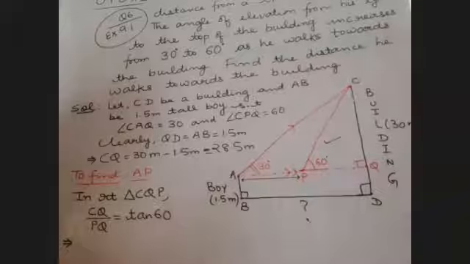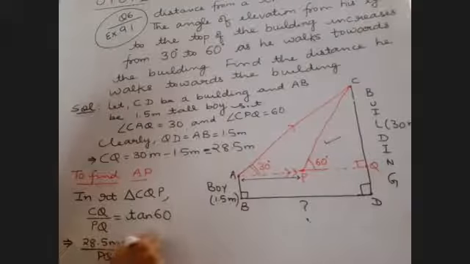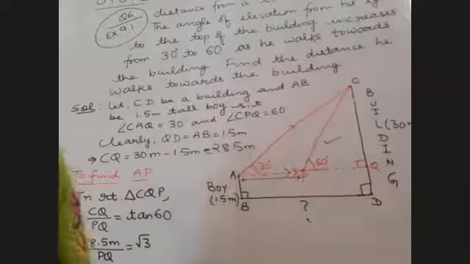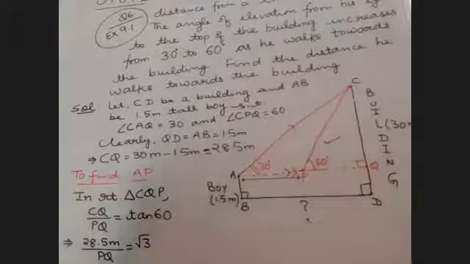Which means 28.5 meter upon PQ. Now, what is the value of tan 60? Root 3. Which will give me 28.5 upon root 3.